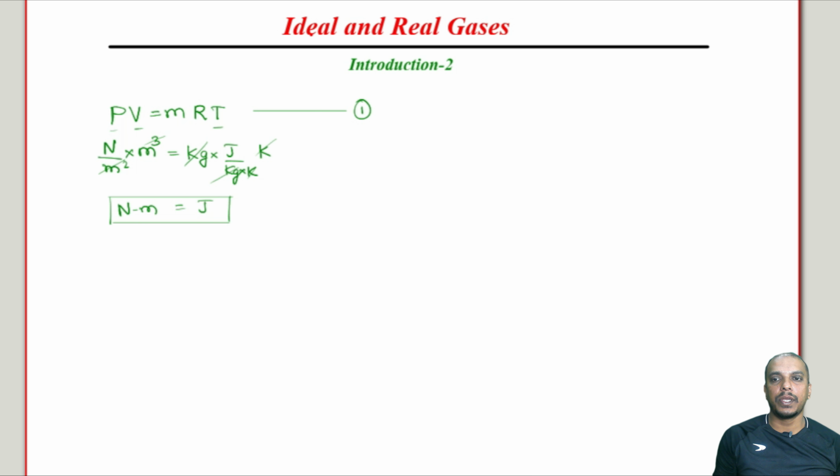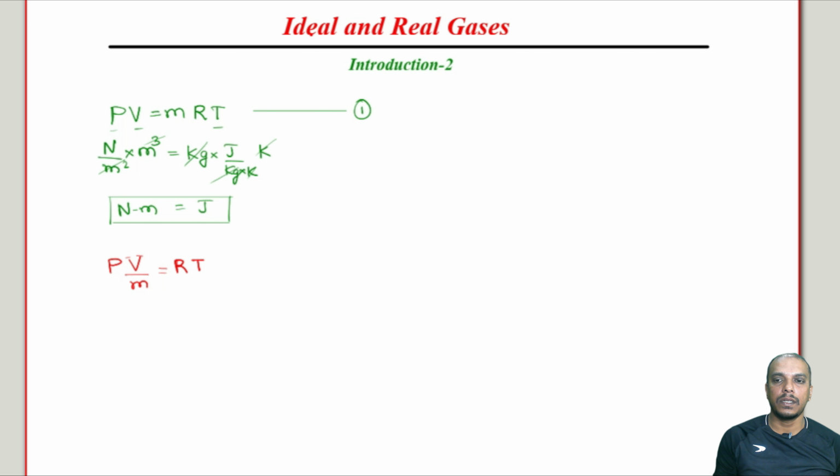We can write the same equation PV = mRT in different forms. This is where many students get confused. Now, pressure, let it be on the left side. I will send this mass to the left side. So, it becomes volume by mass. The same equation 1 I am rewriting.